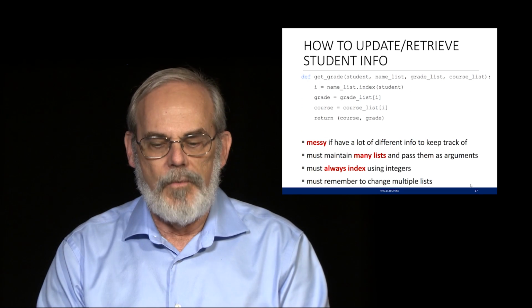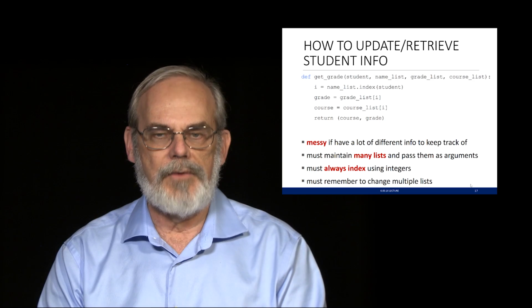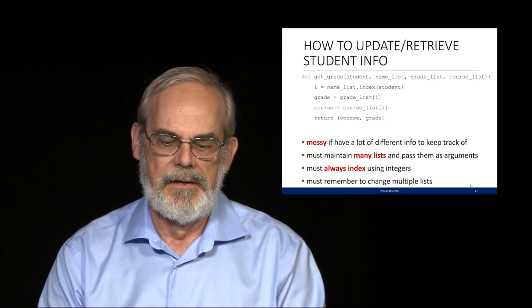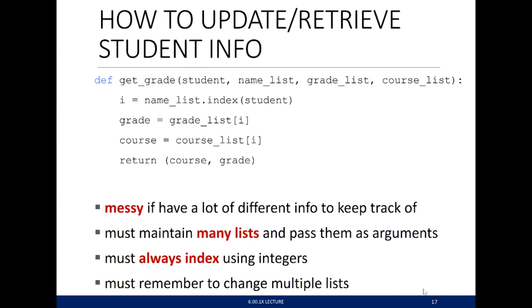As a consequence, if I wanted to write a function to get out information, I'd have to write something like the thing shown here. I've got a function called getGrade. It takes in a student and then the list, a name list, a grade list, and a course list. And what I'd have to do is to say, given that index for that student, I'd have to go and find where that is, and by basically going into the name list and finding the thing associated with student, what spot is Anna at?